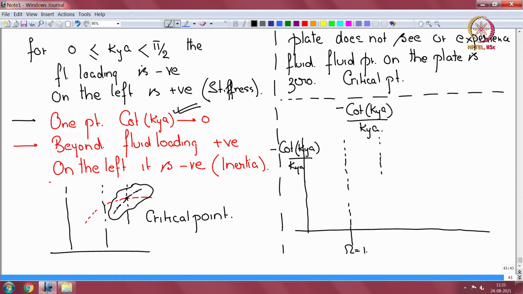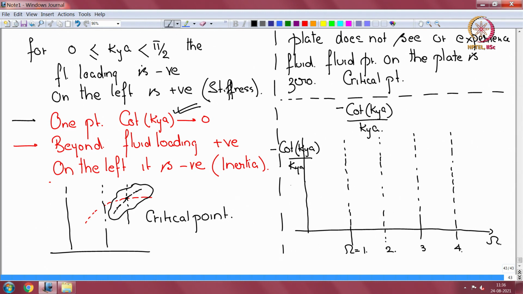then omega equal to 2, then omega equal to 3, omega equal to 4, this is omega axis.